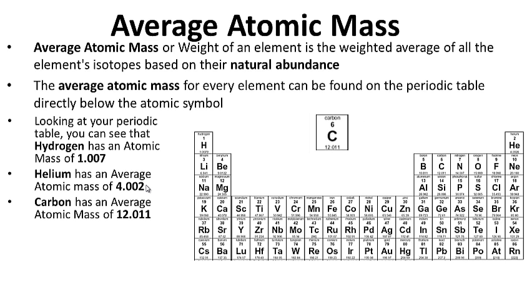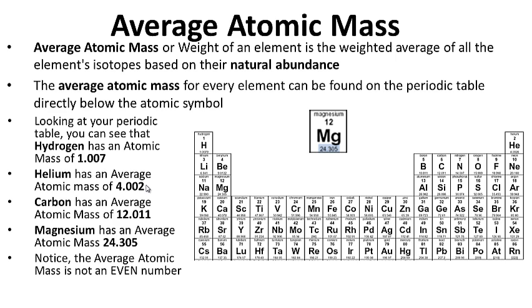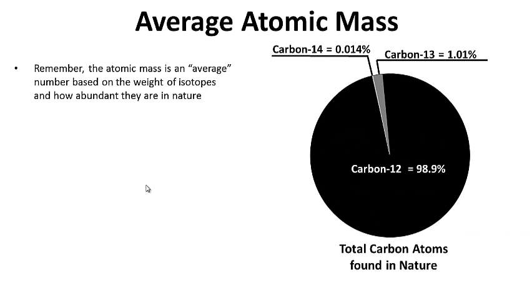Carbon has an average atomic mass of 12.001. And magnesium has an average atomic mass of 24.305. Like I said, notice the average atomic mass is not a perfectly even number. Why is that? Remember, the atomic mass is an average number based on the weight of isotopes and how abundant they are in nature.